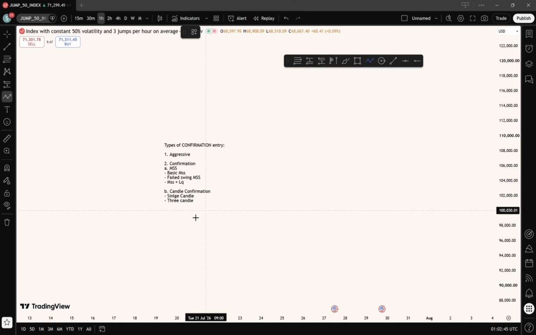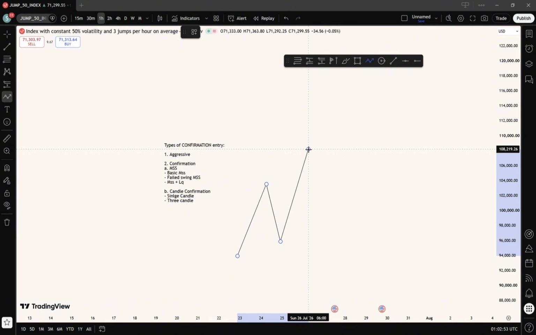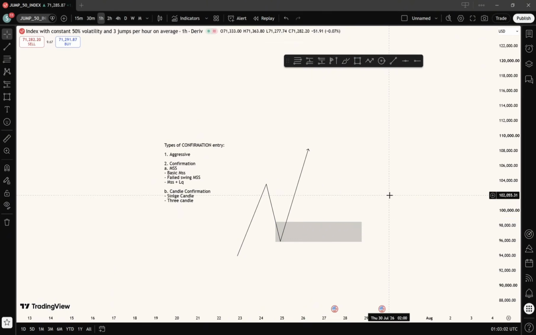For example, we have a bullish order flow or structure. Price is breaking structure above, and we plan on entering from this order block here. Now we're talking about basic market structure shift.